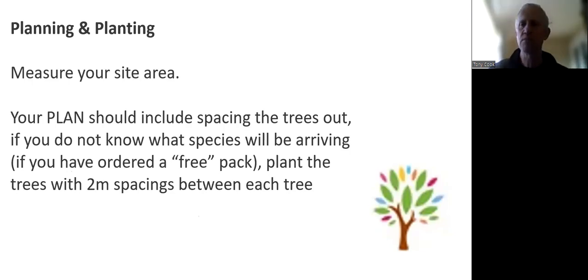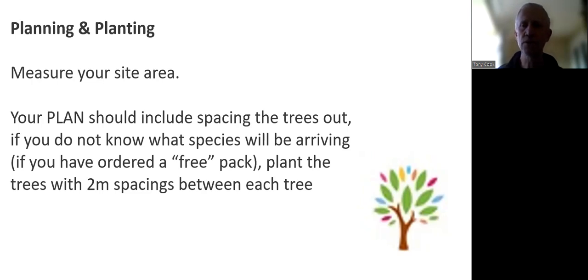So we mentioned there were 3 distinct phases to our planting schemes, and so the first part of that is the planning, and so we go out and we measure our site, and then we start to think about the types of trees that we would like planted there. And so I would typically do a recce of the site and then look at the characteristics.